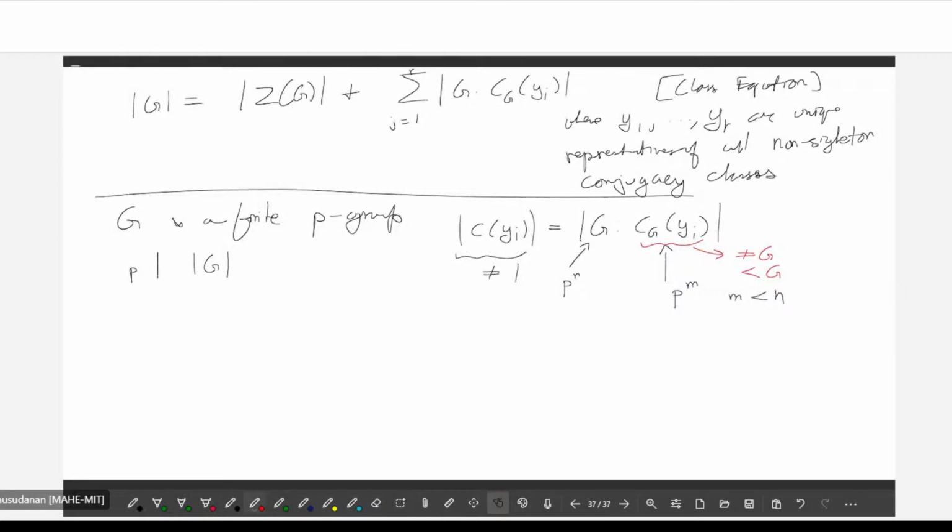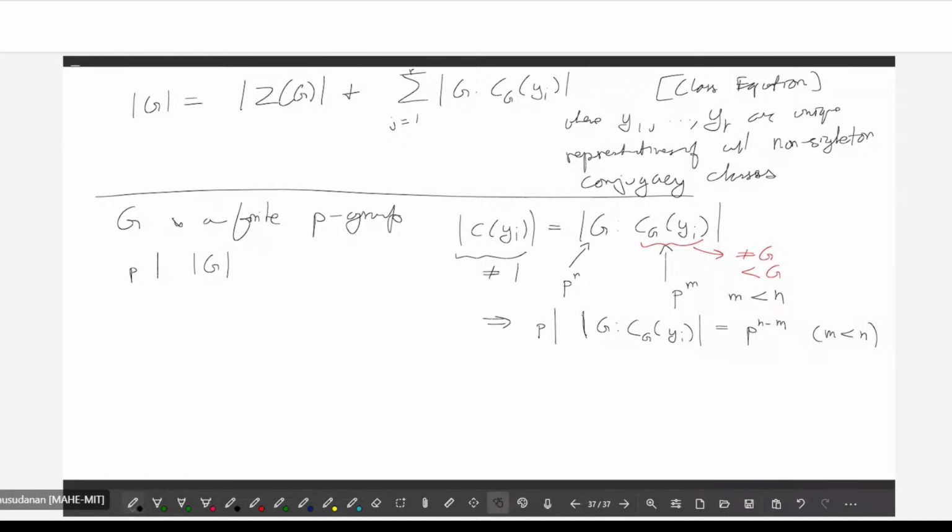That means p divides this index, correct? Because it is p to the n by p to the n minus m. Does it follow, or do you want me to repeat anything here? Do you follow? So p divides this.